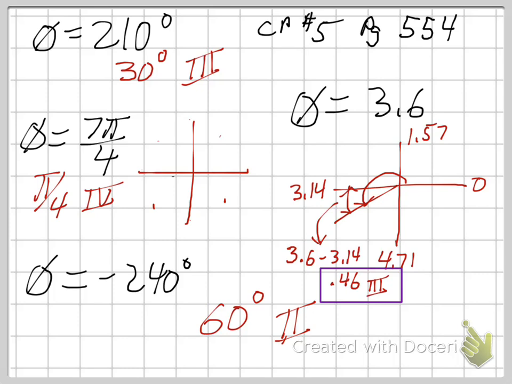And this last guy, 3.6 radians, is going to lie somewhere in quadrant 3. So I took 3.6 minus the 3.14, and I got 0.46 radians in quadrant 3.